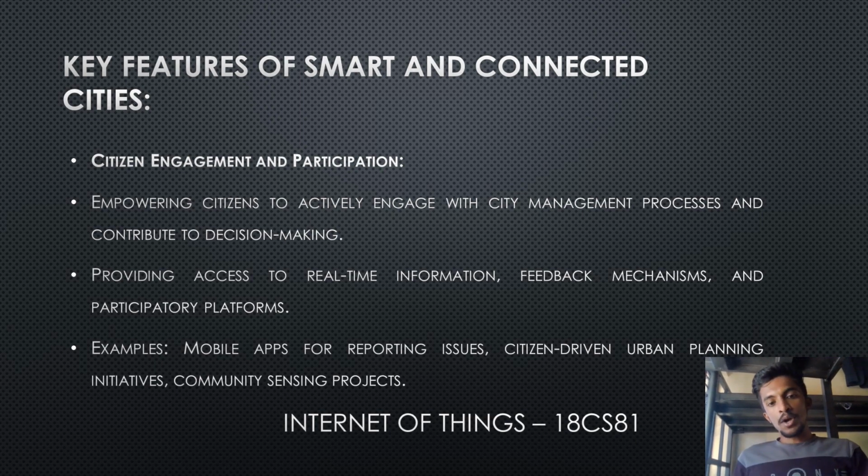Examples: mobile apps for reporting issues, citizen-driven urban planning initiatives, community sensing projects. For example, mobile apps for reporting issues. In the Google Play Store, I will go and install an app called Instagram. When I am using Instagram, I may face some disadvantages, or I may not be happy with the kind of user interface they are providing. So I can give feedback in the Play Store where I installed that Instagram app.